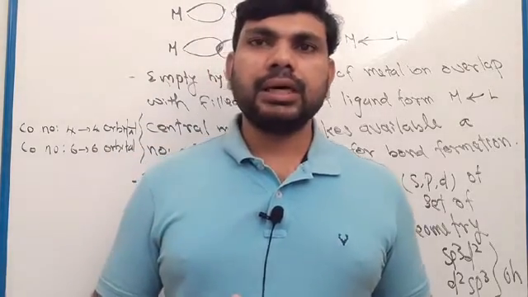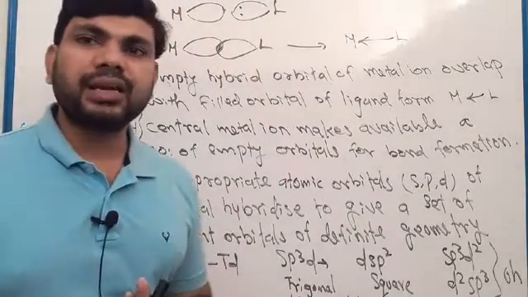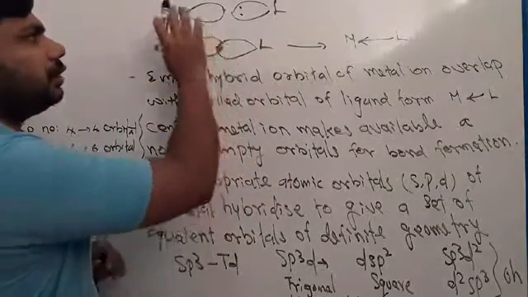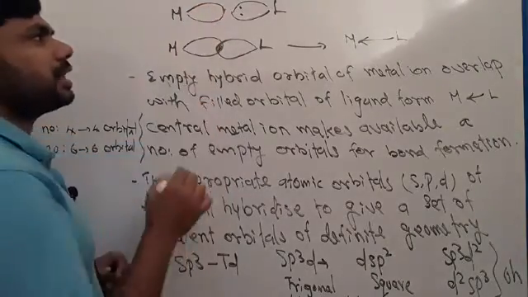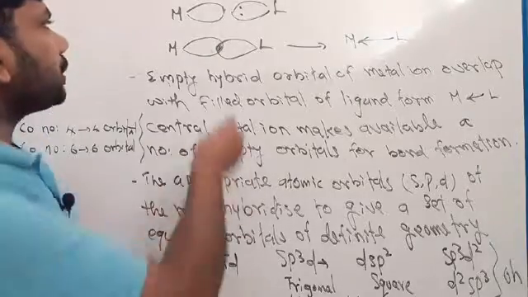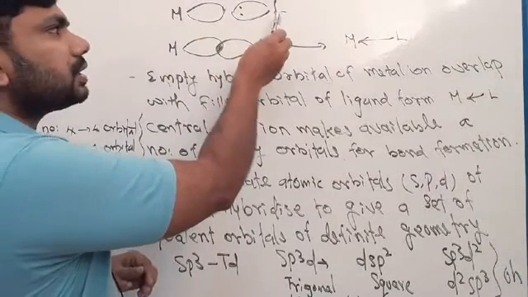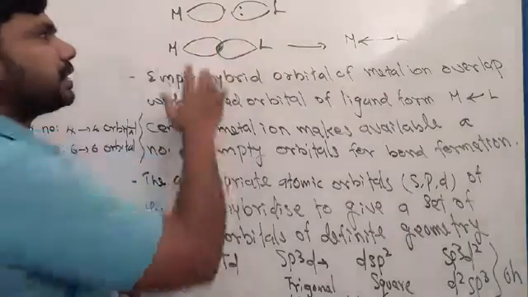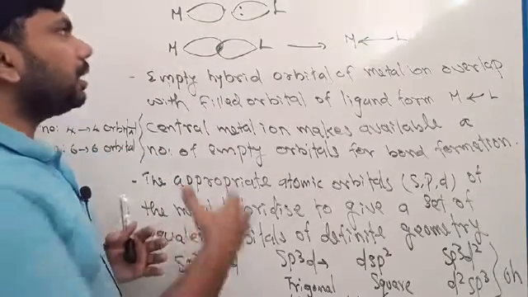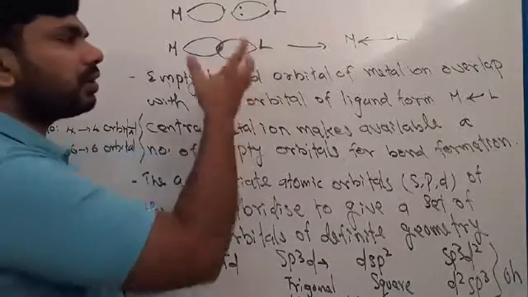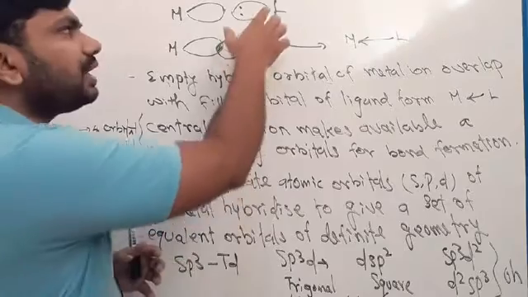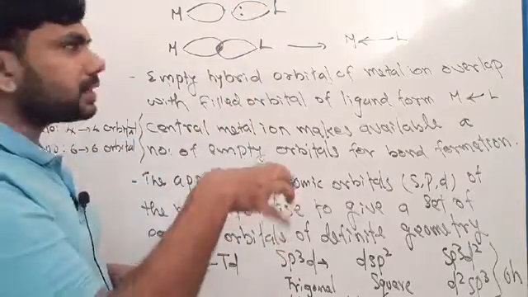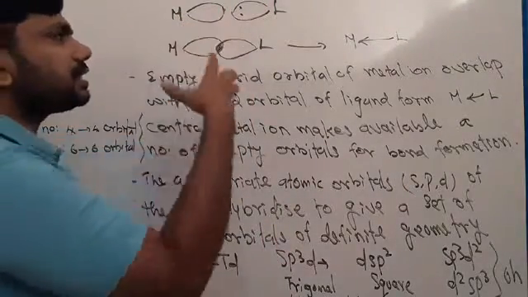Look here: this represents the central metal atom or central metal ion, and this represents the ligand. The central metal atom with an empty hybrid orbital will overlap with the filled orbital of the ligand. The ligand orbital is filled with electrons, and this metal hybrid orbital is empty.